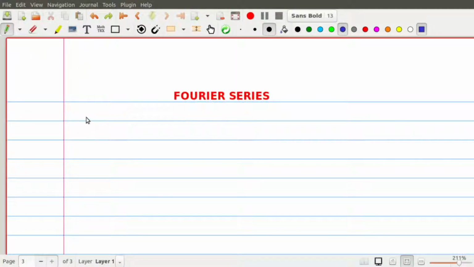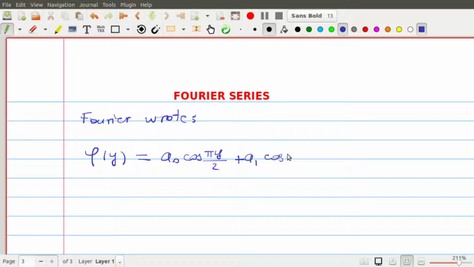So he wrote a solution, phi of y equal to a0 cosine pi y by 2 plus a1 cosine 3 pi y by 2 plus a2 cosine 5 pi y by 2 plus.